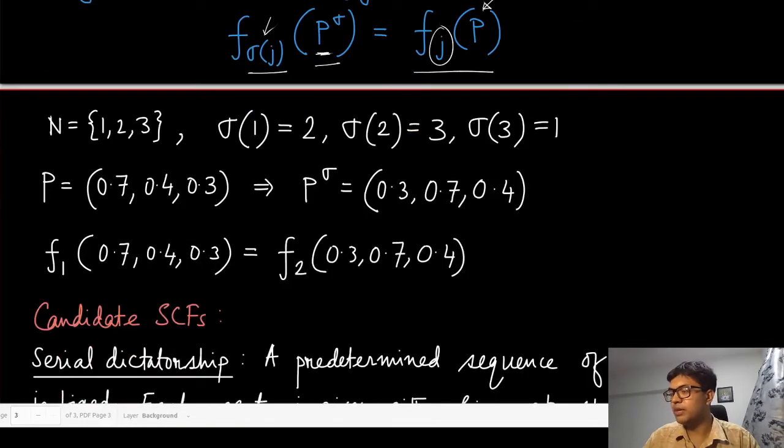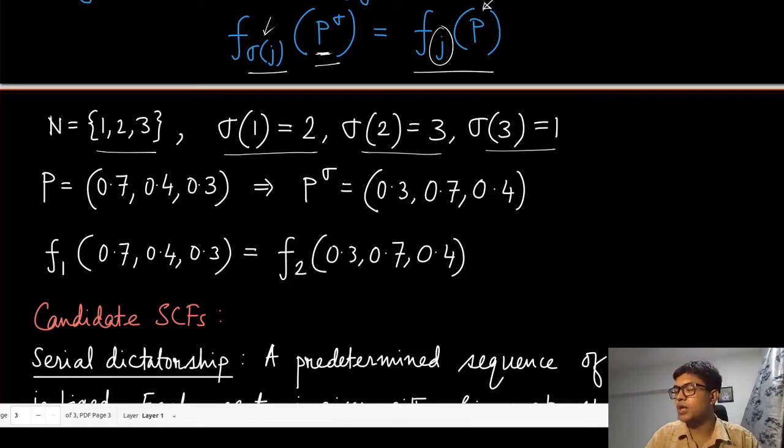Let us come here. So suppose we have 3 agents. So after permutation, agent 1 becomes 2, 2 becomes 3, and 3 becomes 1. And the original peaks were 0.7 for player 1, 0.4 for player 2, and 0.3 for player 3.